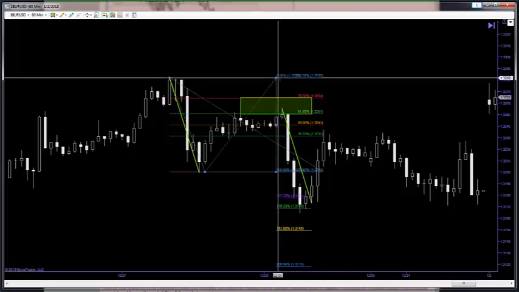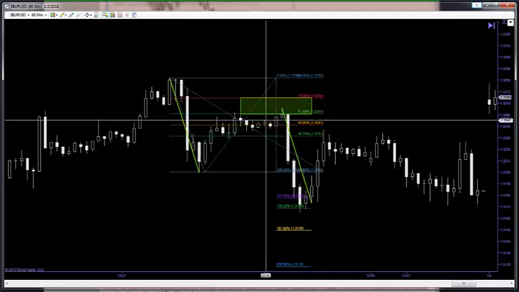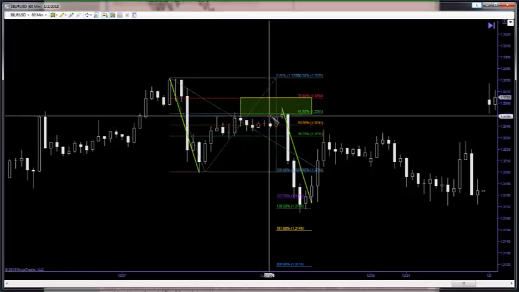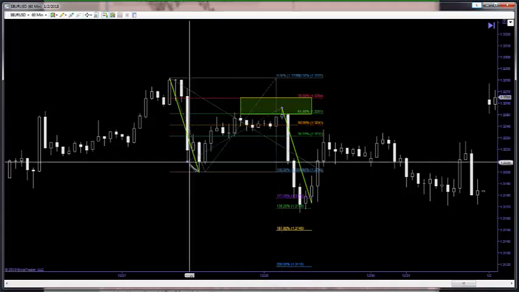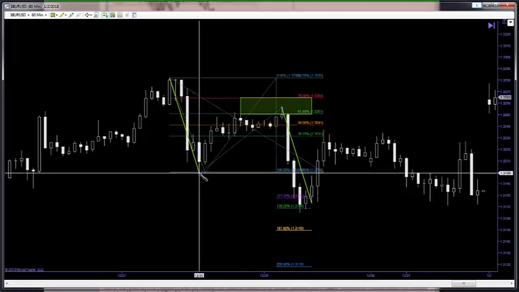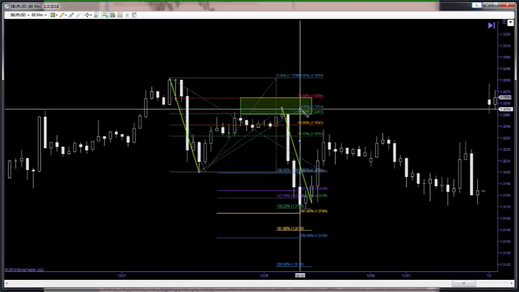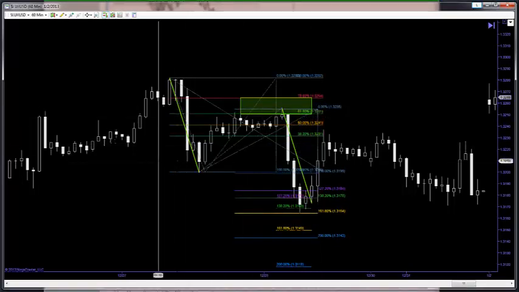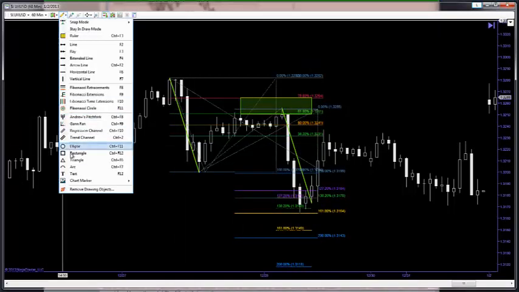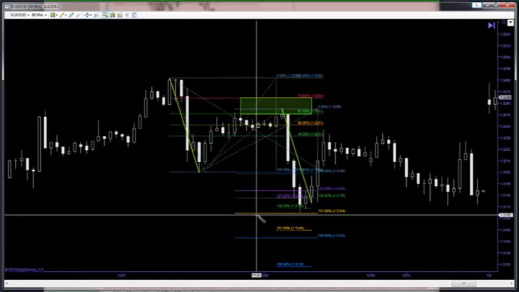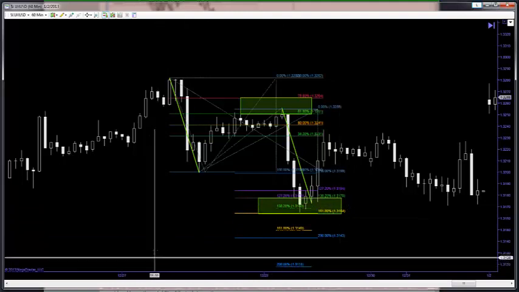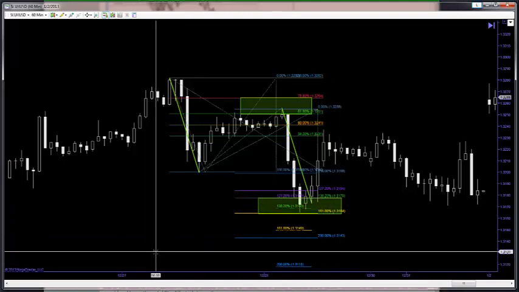Okay, and if you want to get a little fancier, you can get yourself an extension of this for some added confluence. Okay, and we can now say that this is our expected reversal zone. Okay, that is our expected reversal zone.